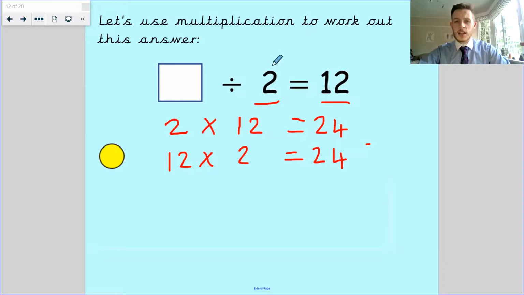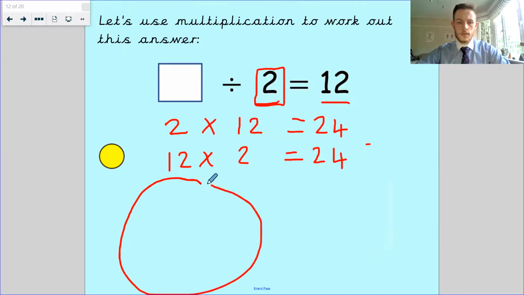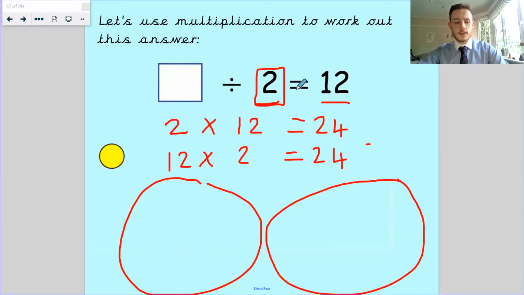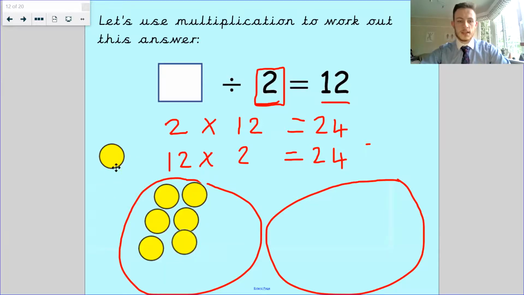So something divided by 2 is 12. Something put into 2 groups. So 2 groups, 1, 2. And there's 12 in each group. So what I'm going to do now is get my cursor and put 12 in each group and check. 1, 2, 3, 4, 5, 6, 7, 8, 9, 10, 11, 12.